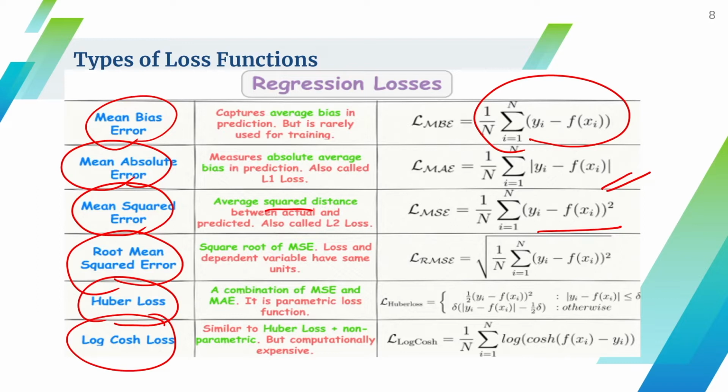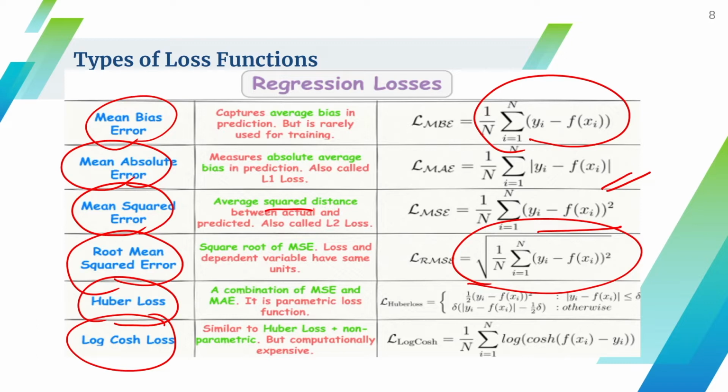Now, root mean square error, and the word itself gives the meaning that it is the square root. So, it is y minus f x whole square, whole to the power of root. Okay. Now, Huber loss is a combination of two error functions, the square error and the absolute error.